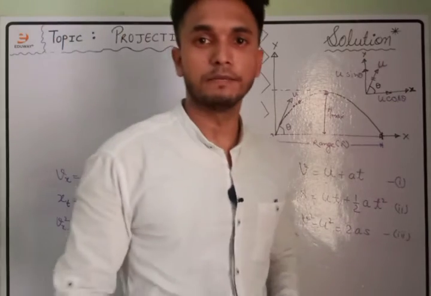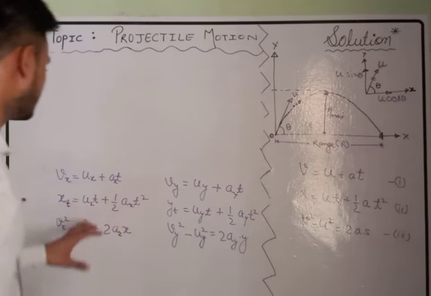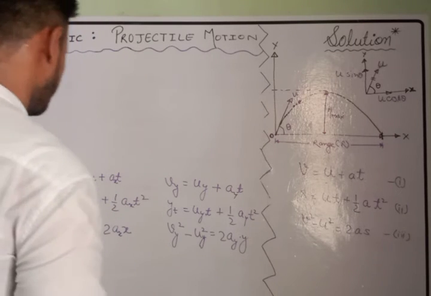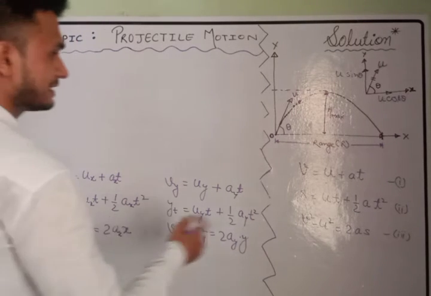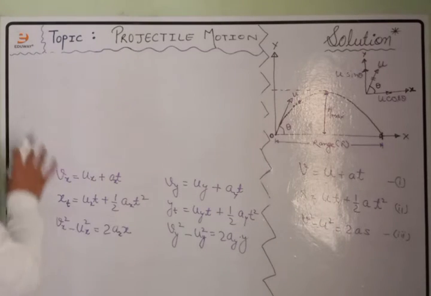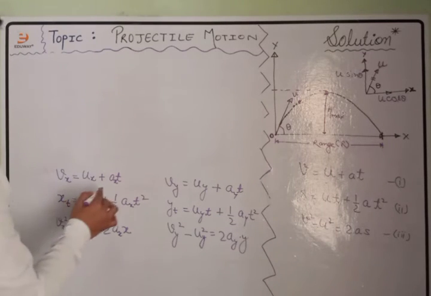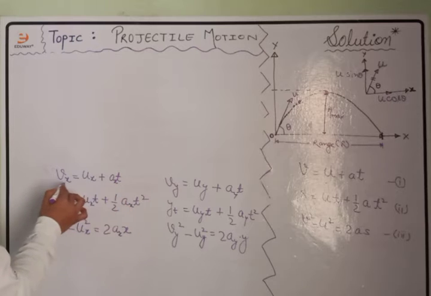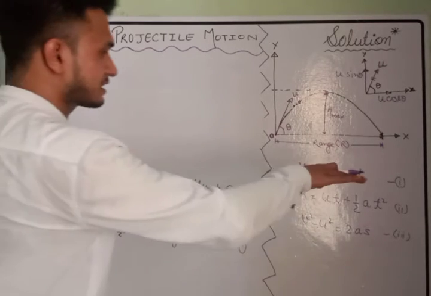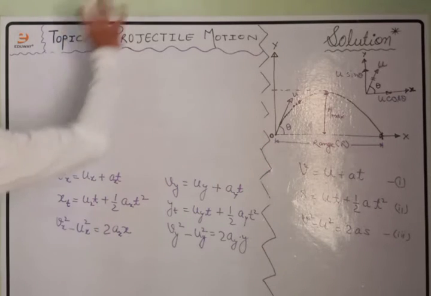Now let us look at the more basic formulas that we need to apply in this projectile situation. We know that the acceleration along x is 0. Since the acceleration is 0, vx equals ux. It means the velocity in the x direction does not change with time.